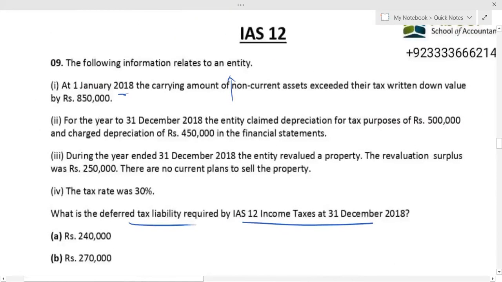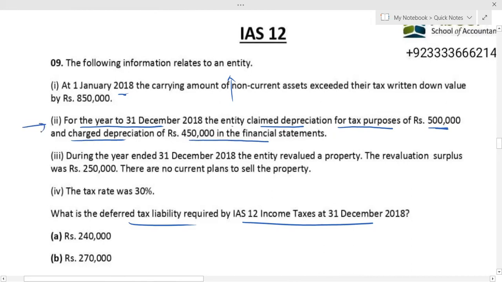Read it again. When carrying amount is more than the tax base, the difference is the taxable temporary difference. For the year ended December 18, the entity claimed depreciation for tax purposes 5 lakh and charged depreciation 450 in the financial statements.